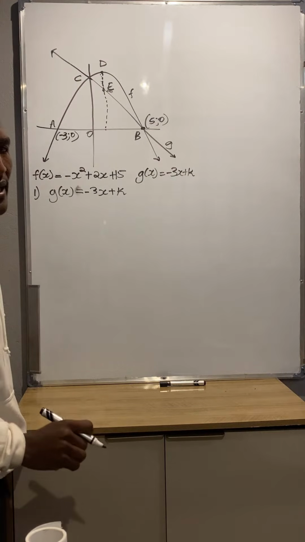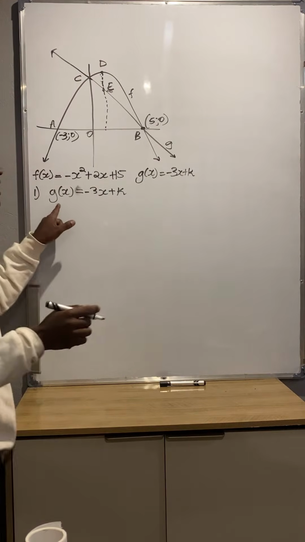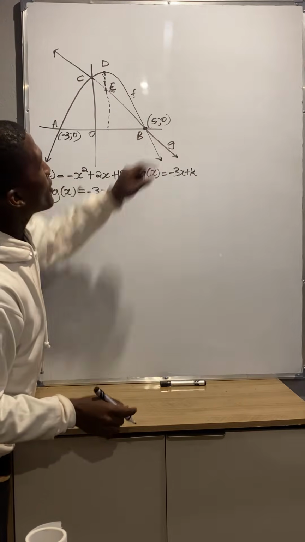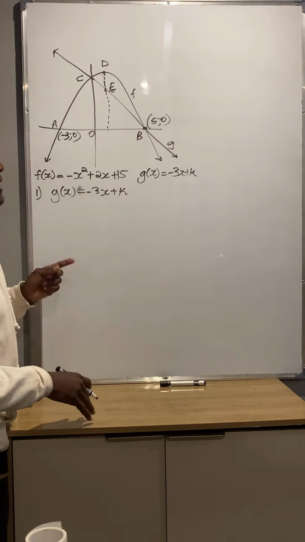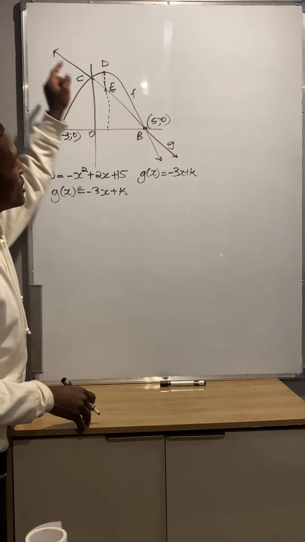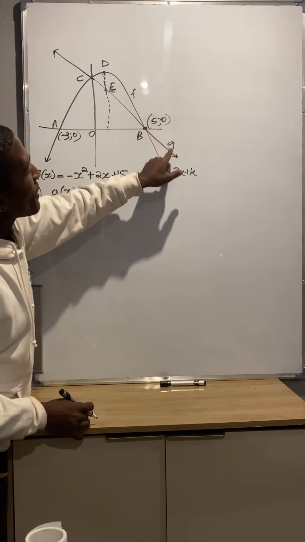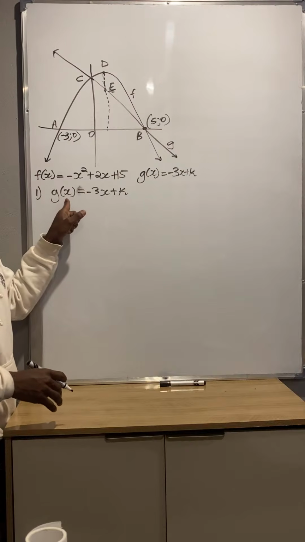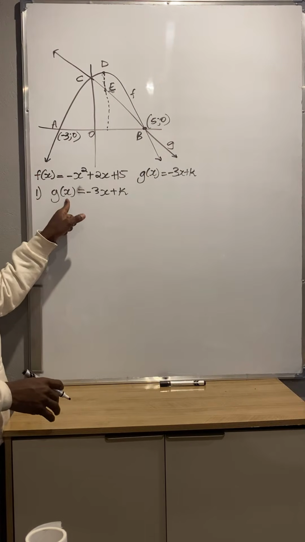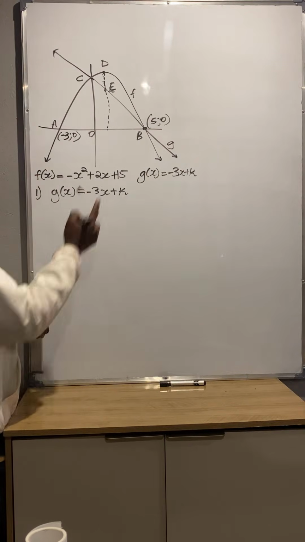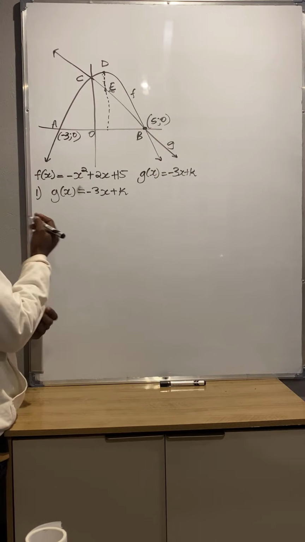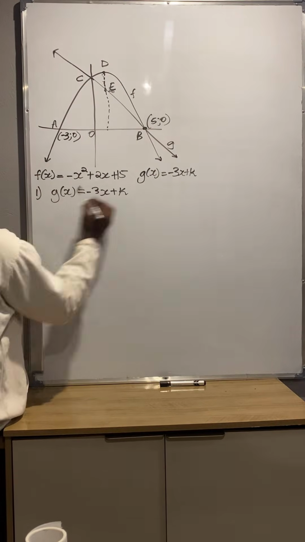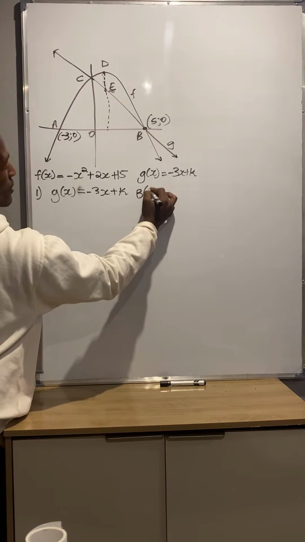So about the point A, the graph of g, it is (5, 0), family. Therefore we have to remember that x is 5 and y is 0.